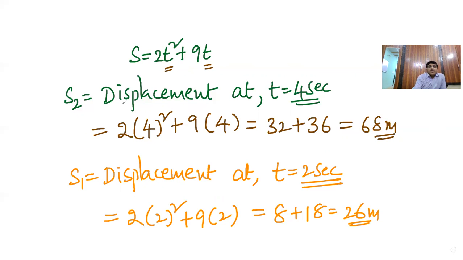So observe, I am highlighting. S2, displacement at t is equal to 4 seconds, is 68 meters. S1, displacement at t is equal to 2 seconds, is 26 meters. Clear? So V average is S2 minus S1 by T2 minus T1.